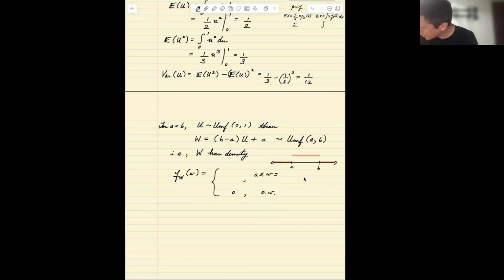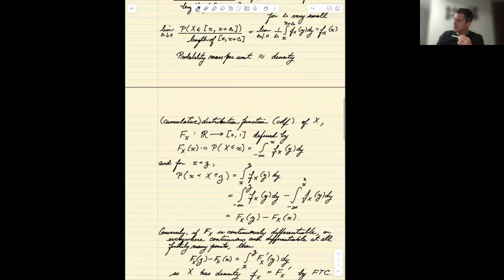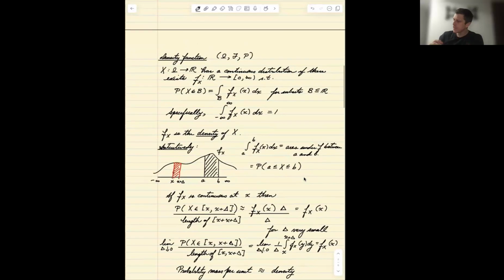Well, what are the two things we know about a density function? A density function has to take non-negative values, and it has to integrate to 1.